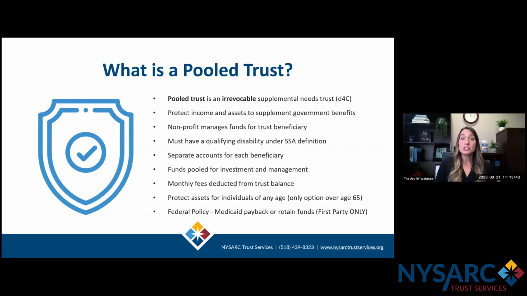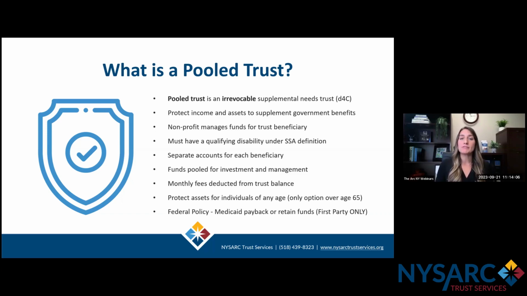The trust administrator will deduct monthly fees from the balance of the trust. So fees are not paid on top of what you're required to deposit, for example, on a monthly basis if you have a Medicaid spend down, or they're deducted out of the lump sum of funds that you deposit into the account. They don't need to be paid on top of what you're putting into the trust.